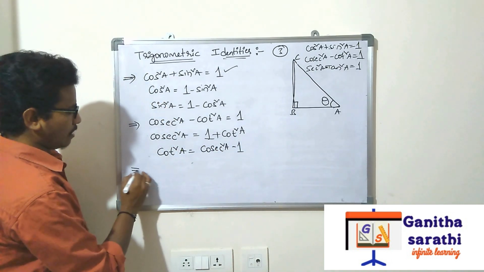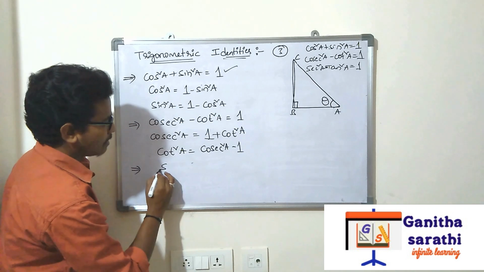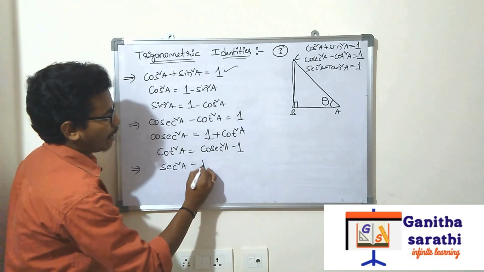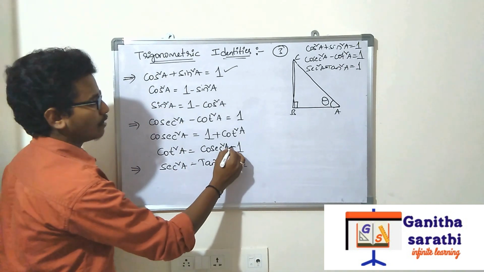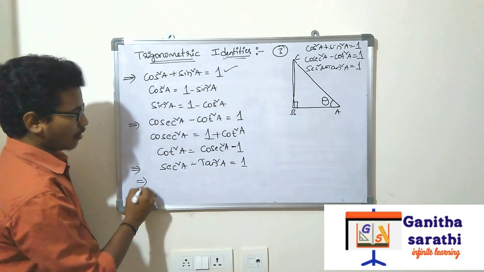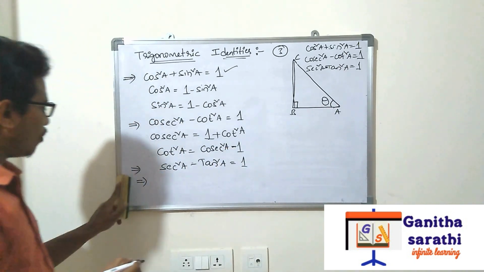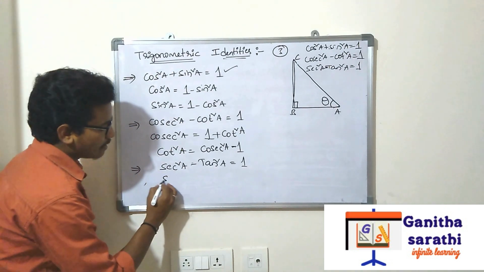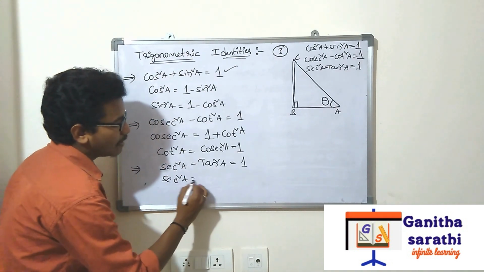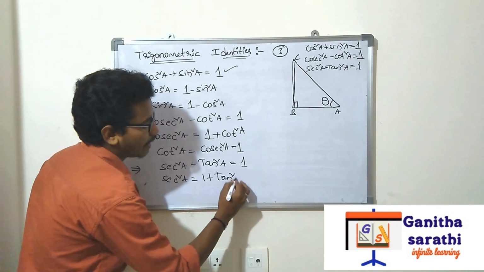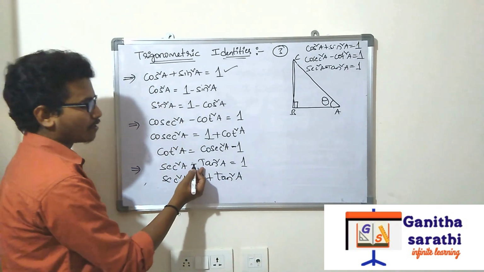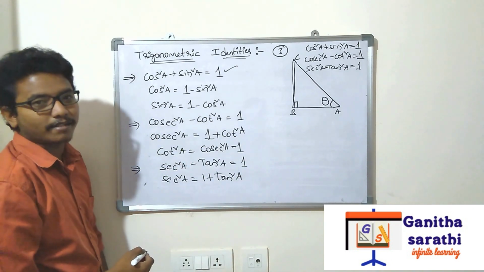Right. Next, what is the third identity? Secant square A minus tan square A is equal to 1. Now, if you are asked to find secant square A, then secant square A is equal to 1 plus tan square A. This minus tan square will go to the right hand side, right?